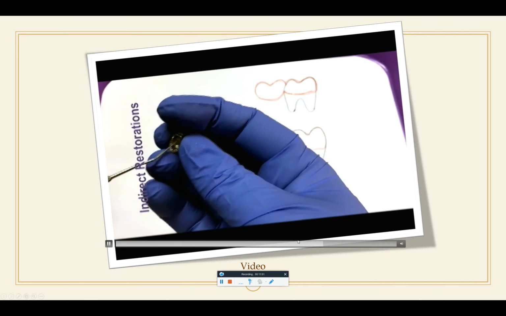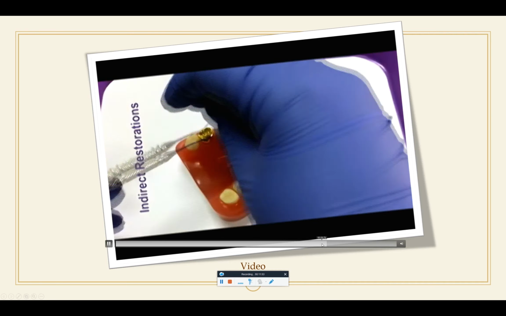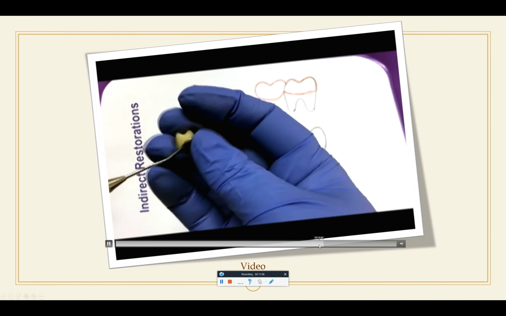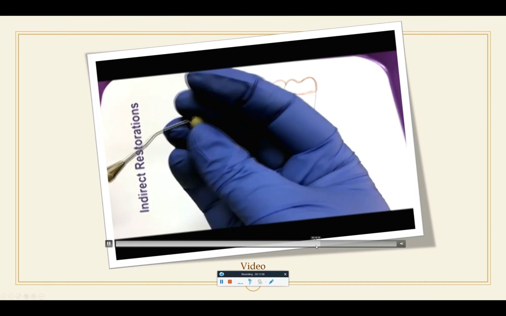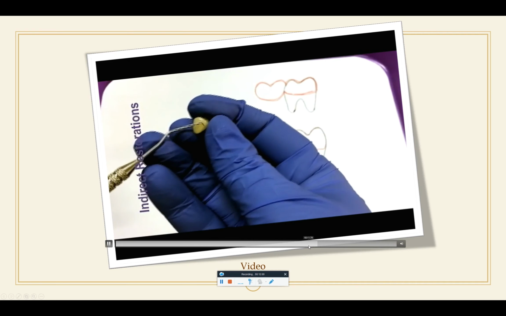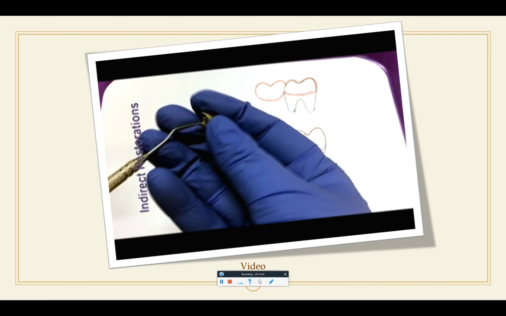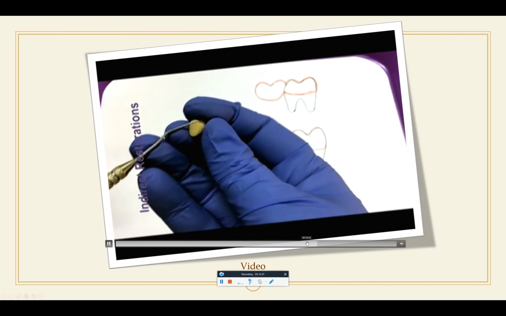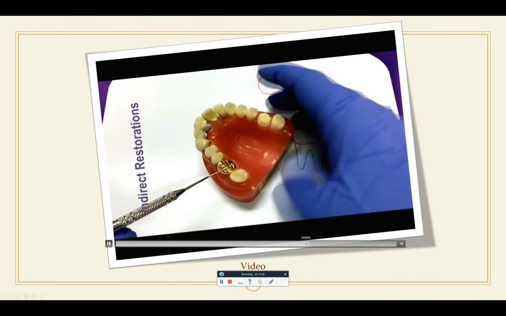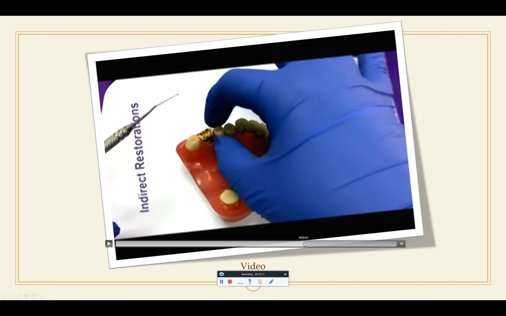First, we're going to start with the inlay. This type of restoration fits into the groove and fissure on the teeth. It can be made of porcelain or ceramic, and sometimes of gold or metal. They are not so hard because of the tooth.